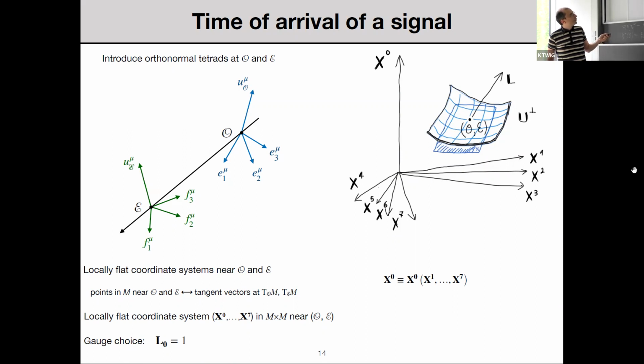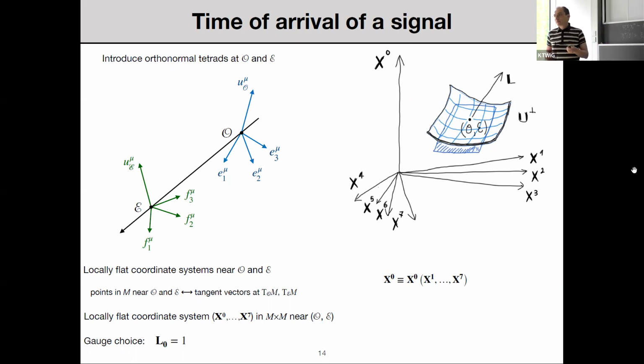The first three coordinates will then label the position from which the coordinates x4, x5, and x6 will label the position of the emitting clock. x7 will, I think, map the time of emission, and x1, x2, and x3 will correspond to the position of the observing clock. Both of them.